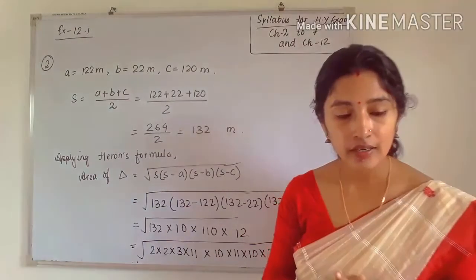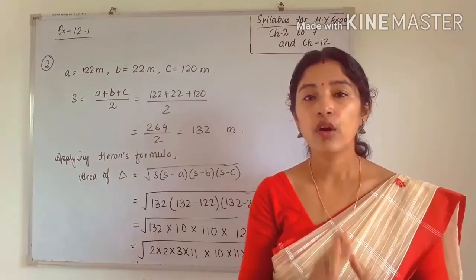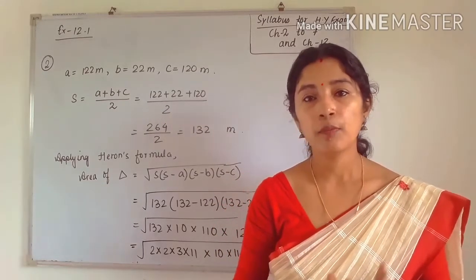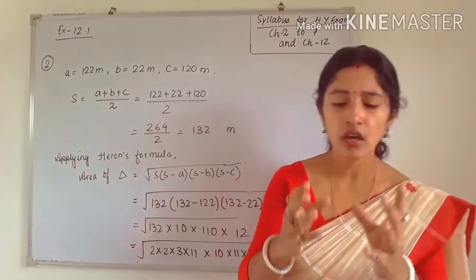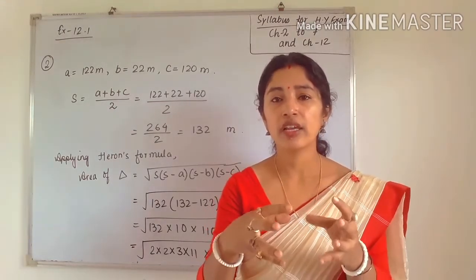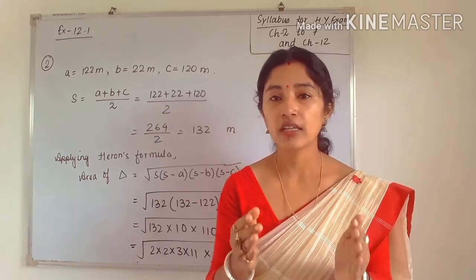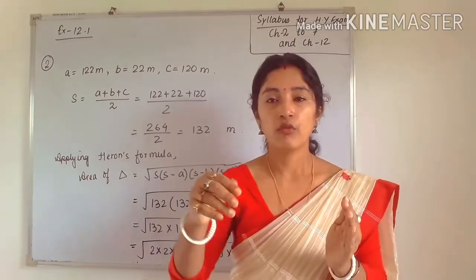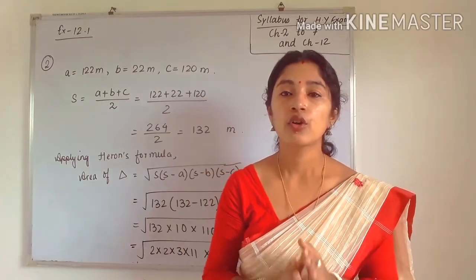The earning is 5,000 rupees for 1 year, that is 12 months, and per meter square means 1 meter square, a very small area. The cost of that very small area, 1 meter square, is 5,000 for 12 months.